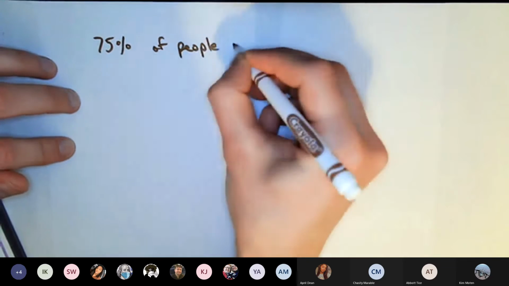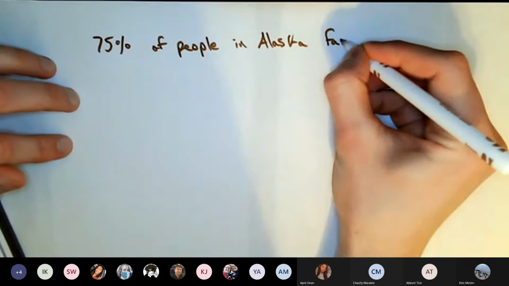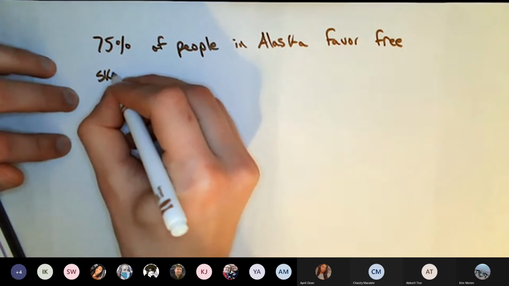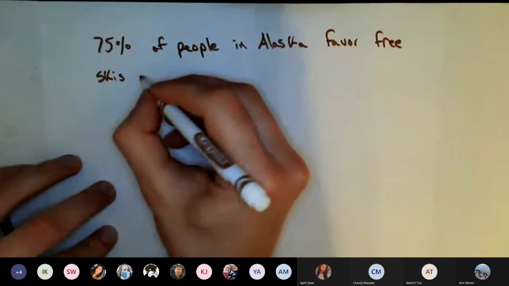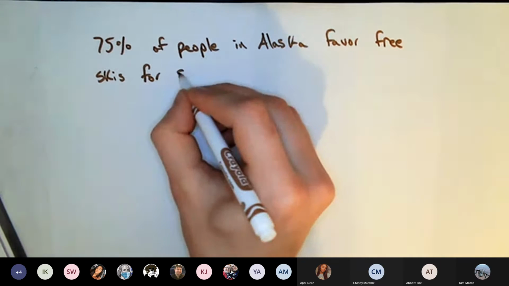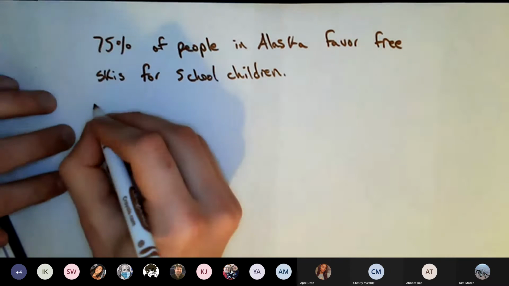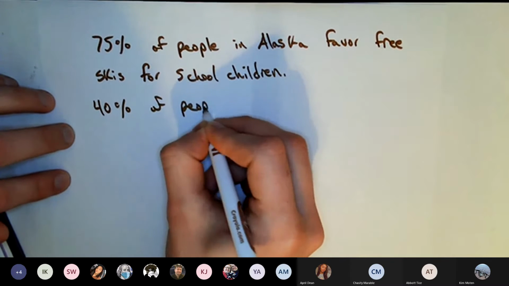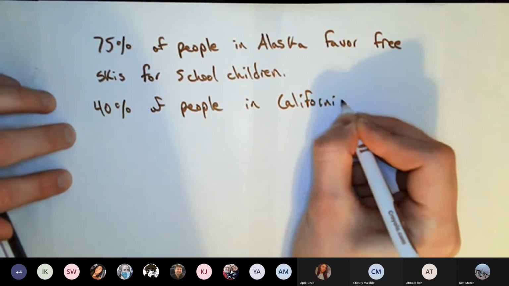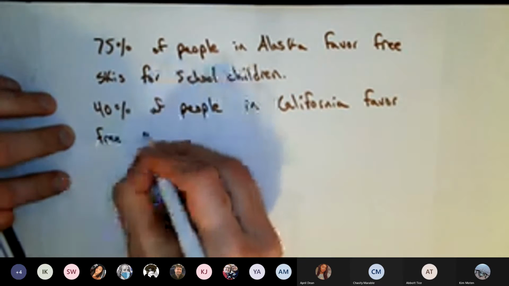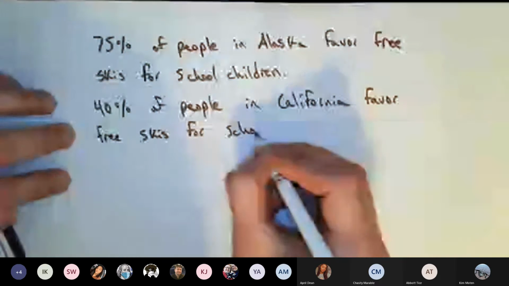It says, suppose you were told that 75% of people in Alaska favor free skis for school children, while 40% of people in California favor free skis for school children.